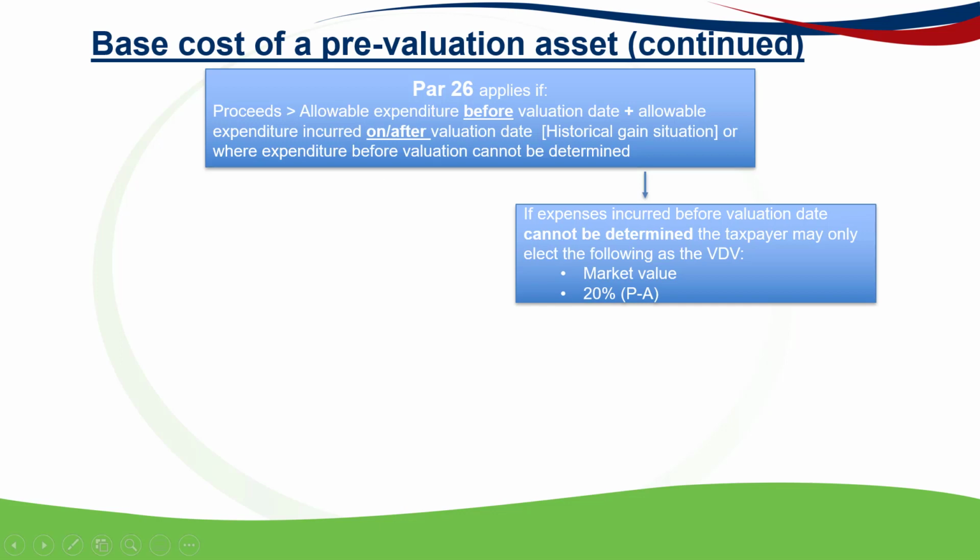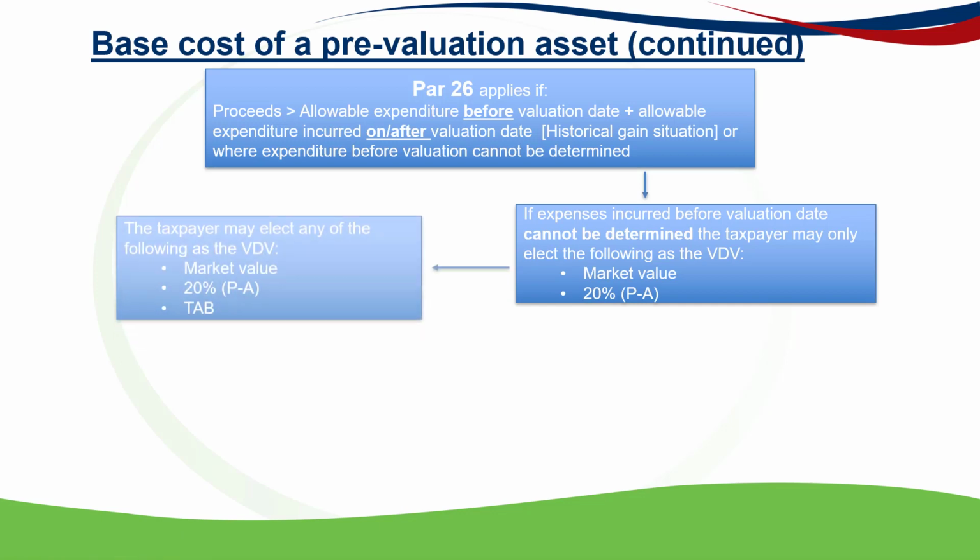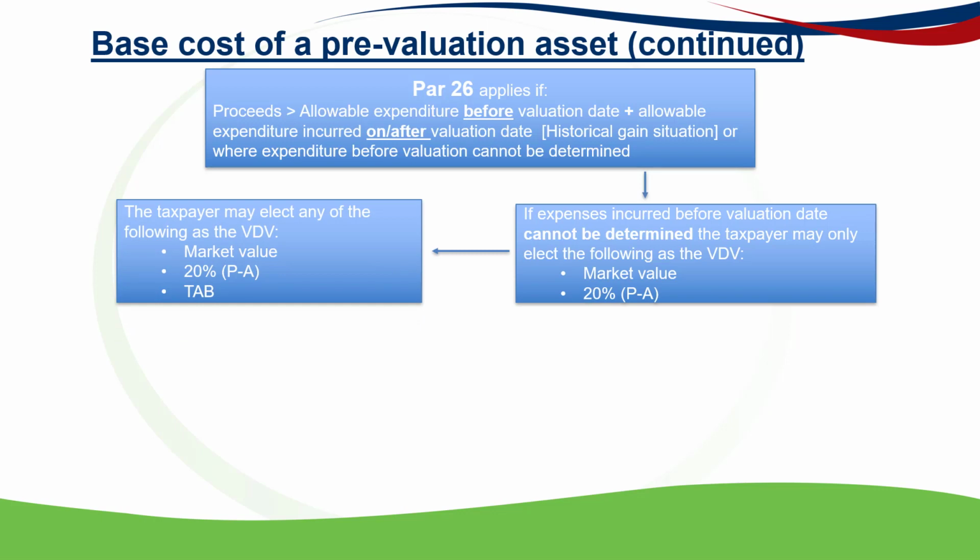Right? And then if the taxpayer can determine the expenditure incurred before the valuation date, then they can select any of these three amounts. So they can select the market value on valuation date. For assessment purposes, the market value will be provided.